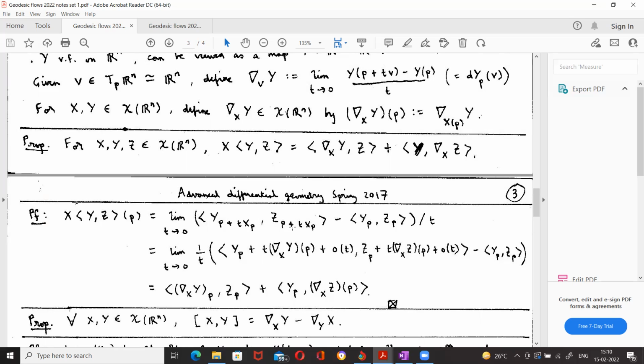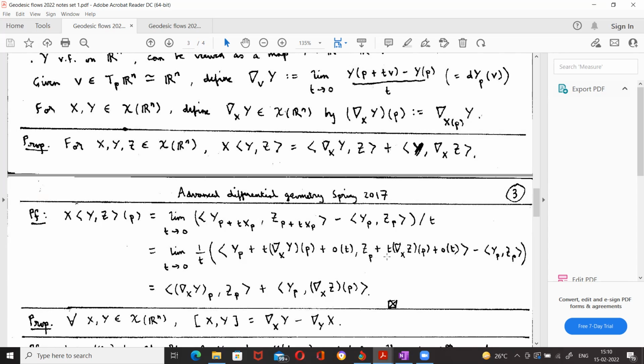If we use that here, then Y at p + tX_p will be Y_p + t∇_XY at p plus little o of t. Similarly, Z at p + tX_p will be Z_p + t∇_XZ at p plus little o of t. And then we have minus the inner product ⟨Y_p, Z_p⟩.